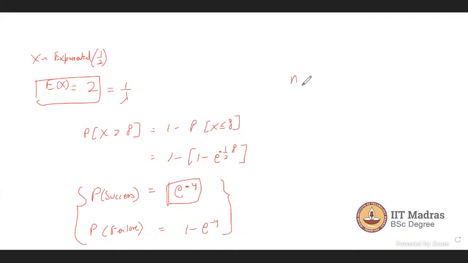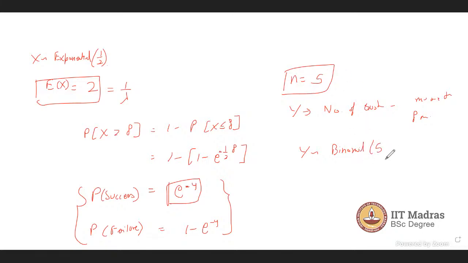In total, I am serving 5 customers. Let Y be the number of customers served in more than 8 minutes. So Y follows binomial with number of customers n being 5 and probability of success e raised to the power minus 4.